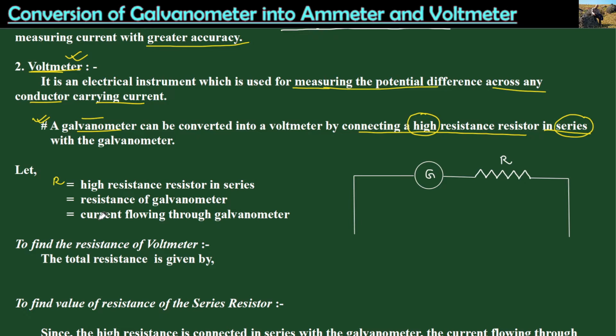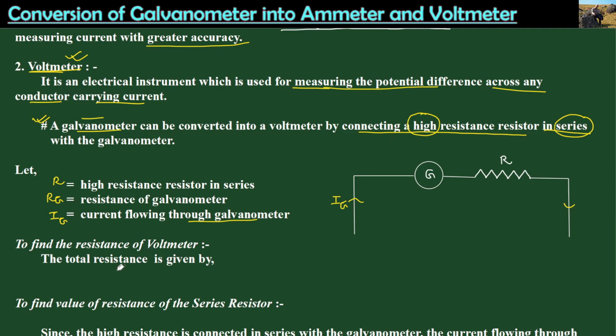And let Rg be the resistance of the galvanometer, and let Ig be the current which is flowing through the galvanometer. Over here we have this current Ig flowing through the galvanometer in that direction. So this also will be one current.